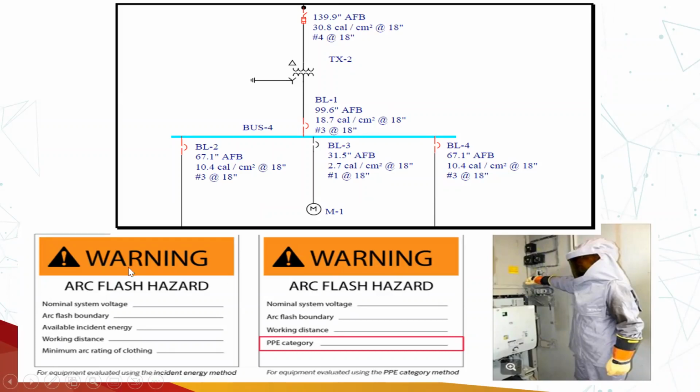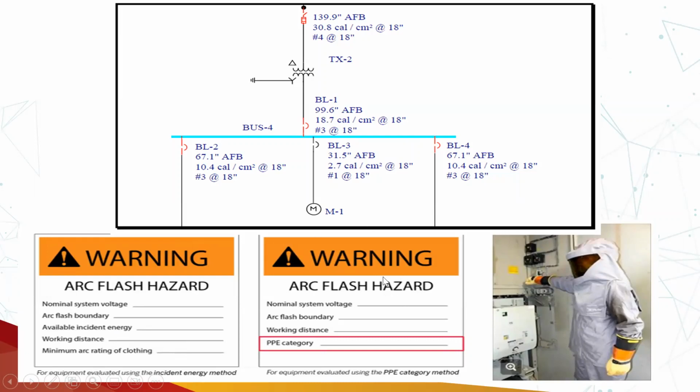So I put this warning label based on the risk assessment I performed. If I perform the risk assessment based on the incident energy analysis method, this label corresponds to the incident energy method, in which I write the voltage, arc flash boundary, available incident energy in cal/cm², working distance, and the minimum arc rated clothing required in cal/cm².